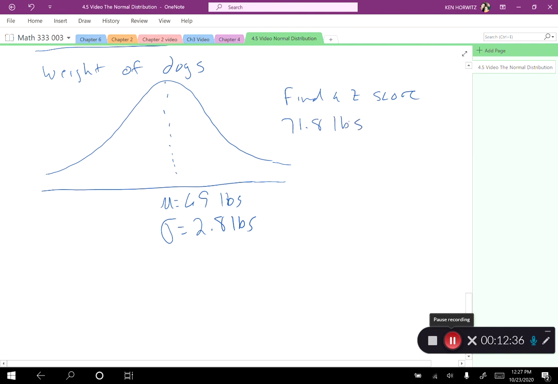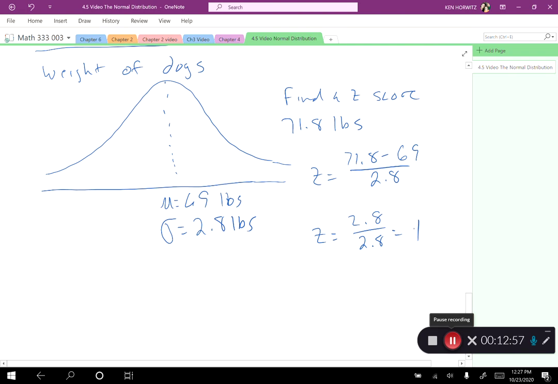So how am I going to do that? I'm going to use my formula. I got z equals my x, which is 71.8, minus our mu, which is 69, all over 2.8. So when I do my subtraction, I get 2.8 divided by 2.8, which equals 1.